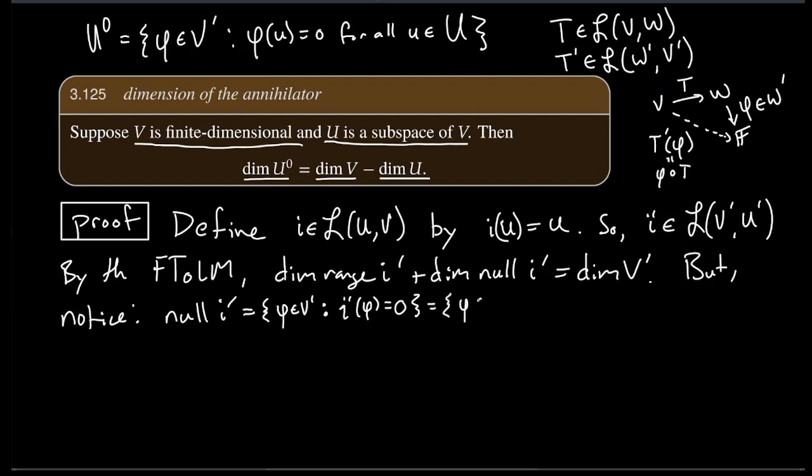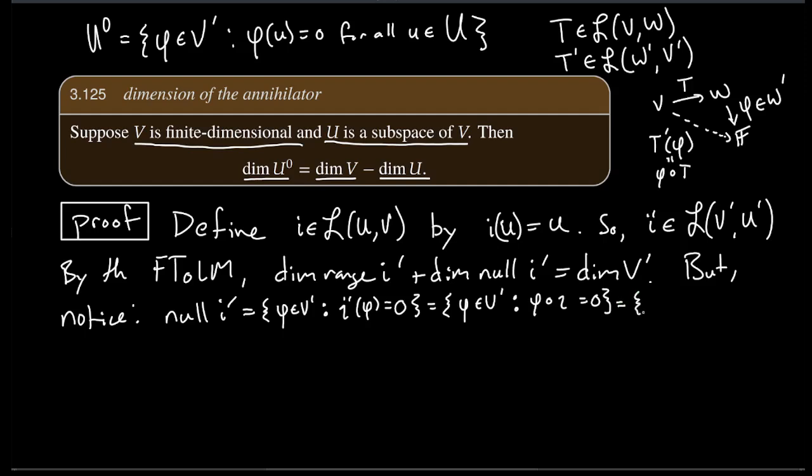So this is just φ in V', such that doing φ after doing the inclusion gives you 0. But the inclusion just takes things in U and sends them to the same u, but living in V. Oh, wait a second.